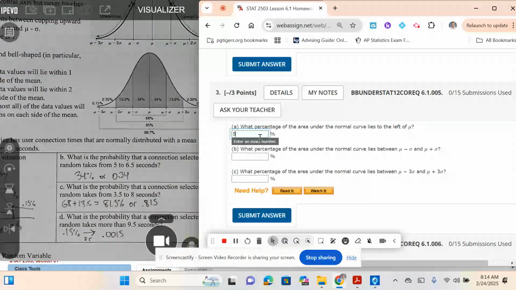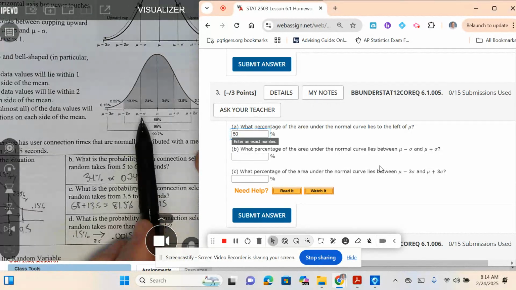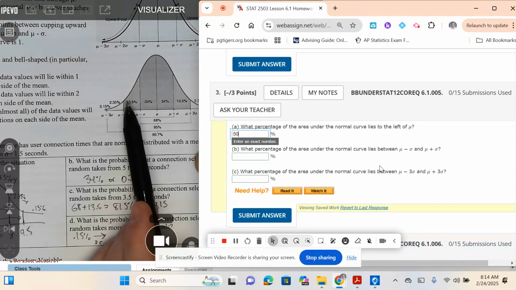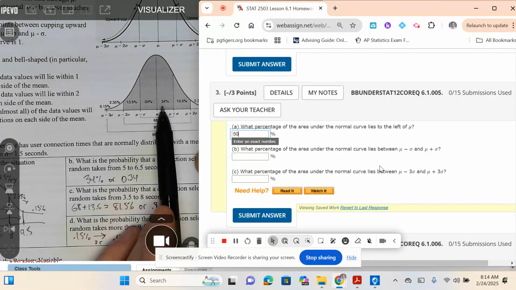Okay. What percentage of the data under the curve lies between mu minus sigma and mu plus sigma? Mu minus sigma and mu plus sigma represent how many standard deviations below and above. Mu minus sigma is 1 below, mu plus sigma is 1 above. So what's the percentage between 1 below and 1 above? 34 plus 34 would be 68.